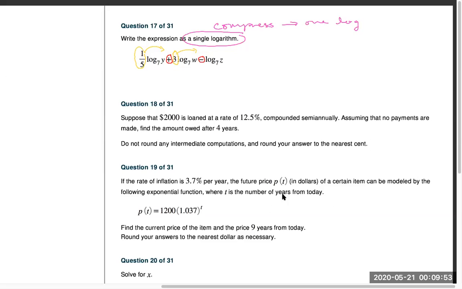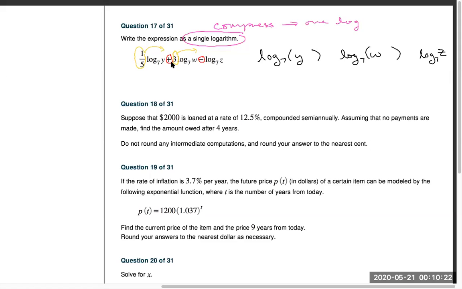Let me write all this stuff in black first, because all this going back and forth, multitasking is just making it confusing. So log base 7 y, okay, log base 7 w, okay, there we go, and then log base 7 z. Okay, now I can fill in everything.